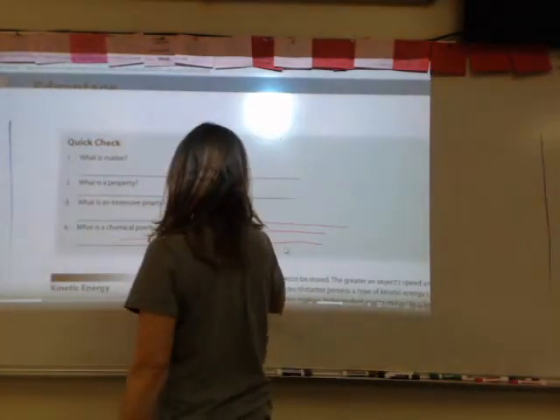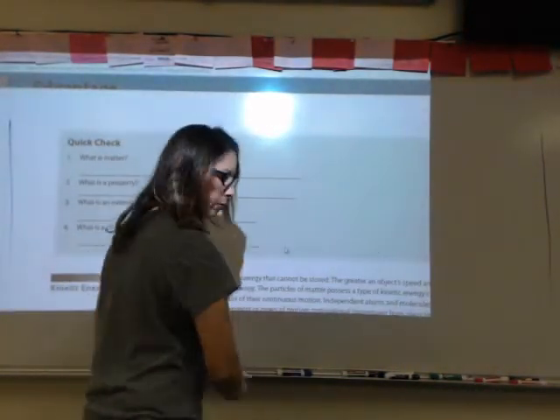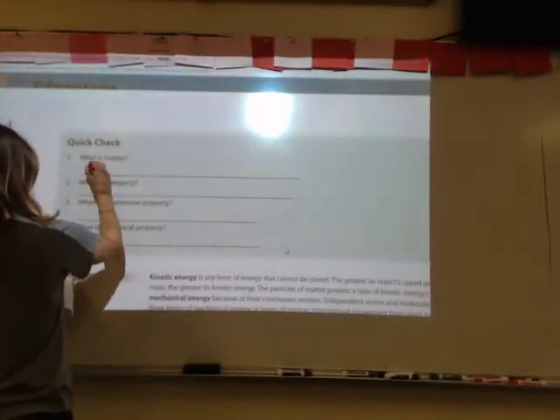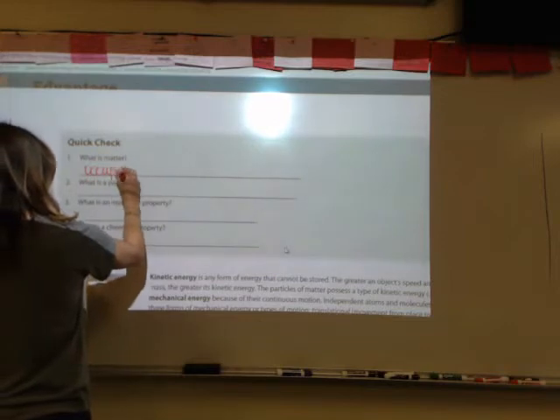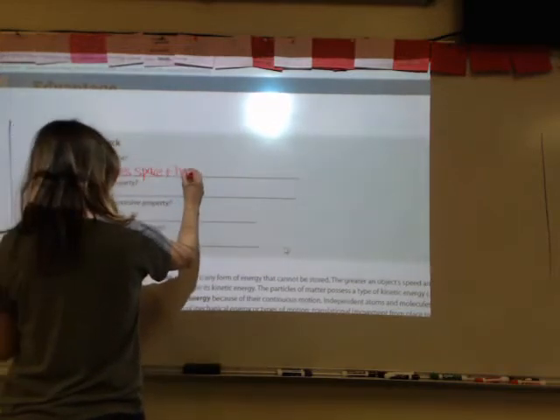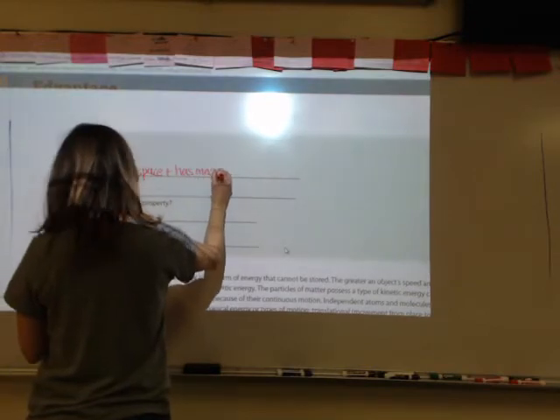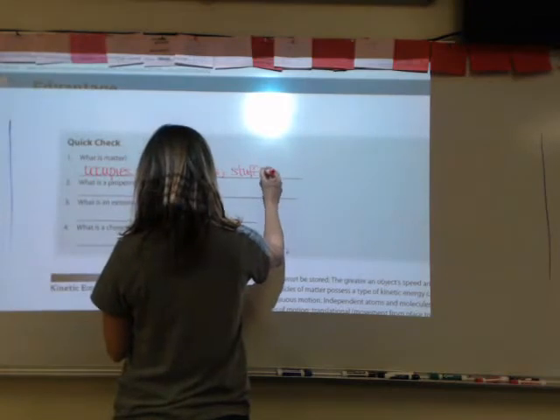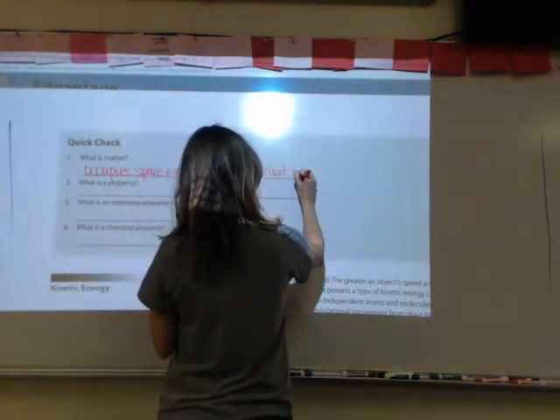The first question is, what is matter? Matter occupies space and has mass, and it is the stuff that materials are made of.